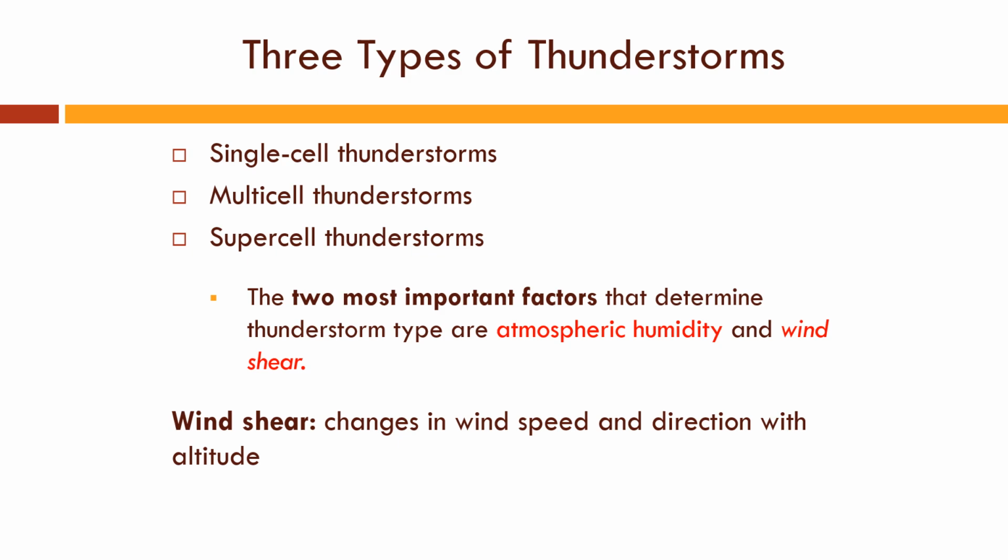We could have combinations of both of those. Those changes in wind speed and direction, that wind shear, is really going to sculpt the development of our thunderstorm. When we get lots and lots of atmospheric moisture and lots of wind shear going, we can turn that into a very impressive thunderstorm.